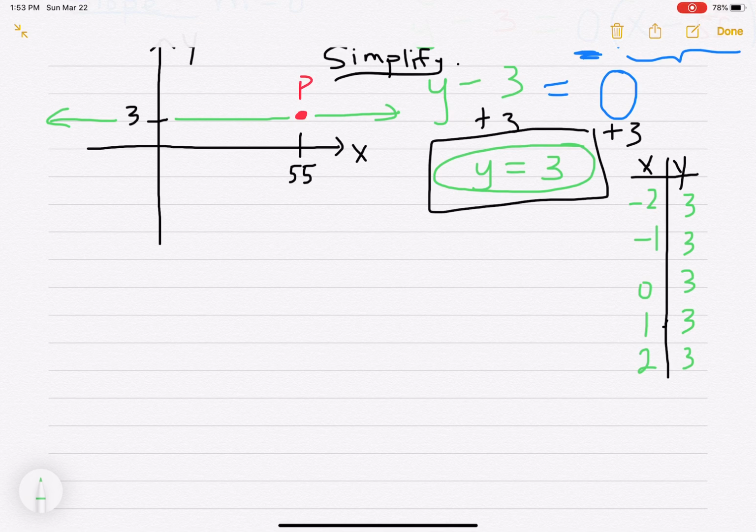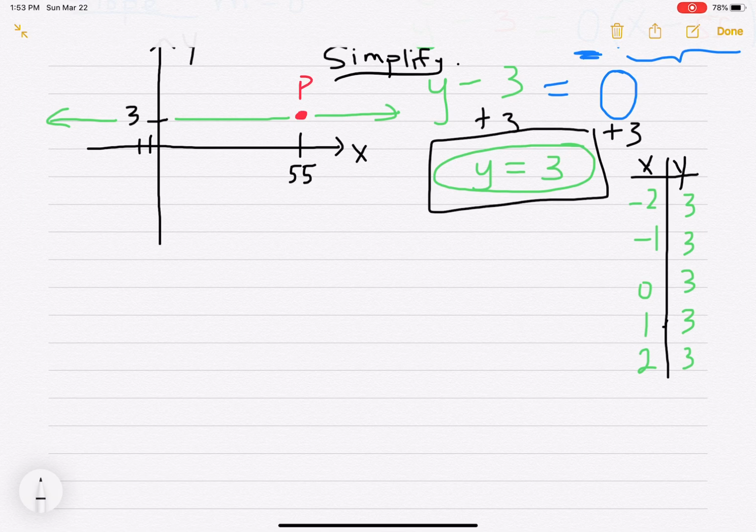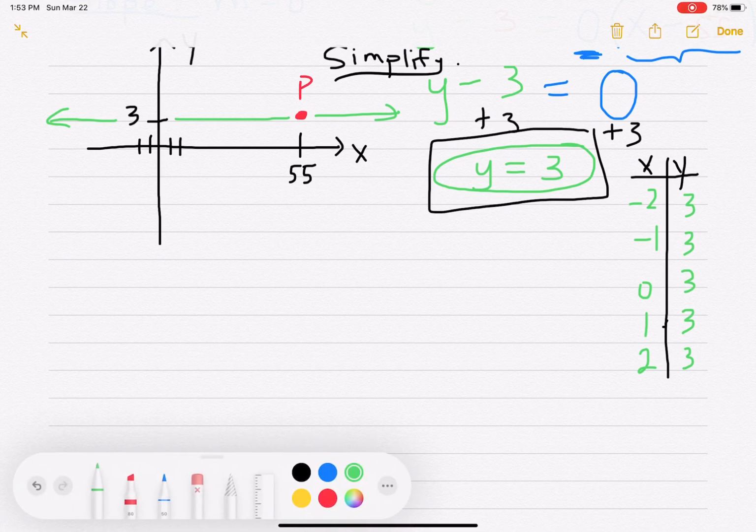y is always 3. So if you were to actually plot these points, let's do little tick marks. 1, 2, 1, 2. So imagine here is (-2, 3).